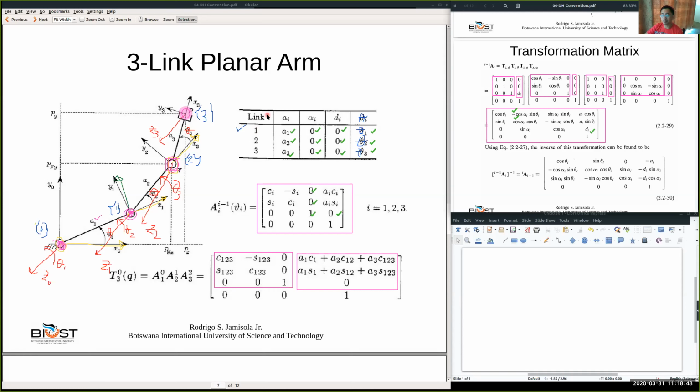So in this case, because all the joints are rotary, normally there's only one variable. If it's a rotary joint, the variable is theta 1, theta 2, theta 3.